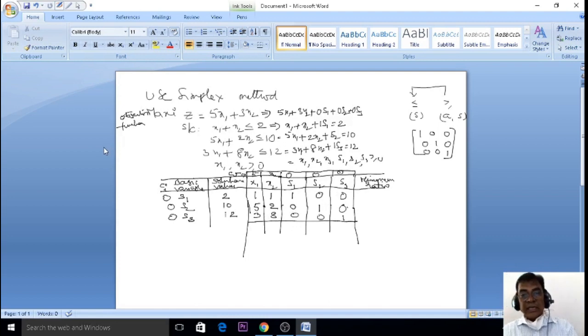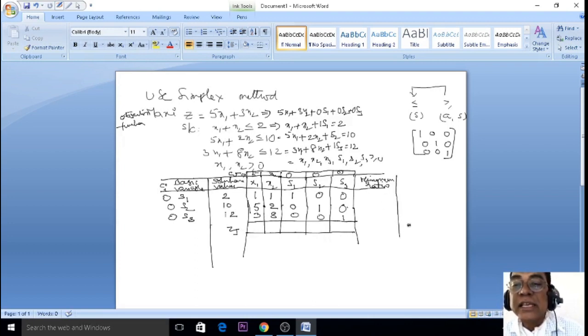I think you are already able to understand this point. Please come to the next step, please refer to my steps. The next value is Zj. How to calculate Zj values? Zj is the sum of Ci into Xi, where i is equal to 1, 2, and so on.